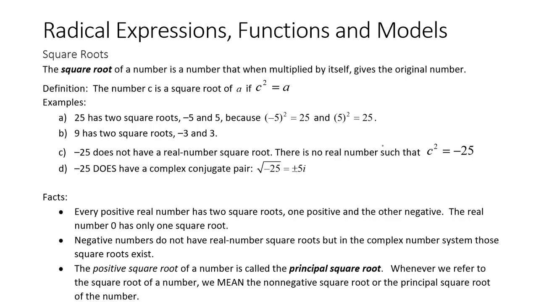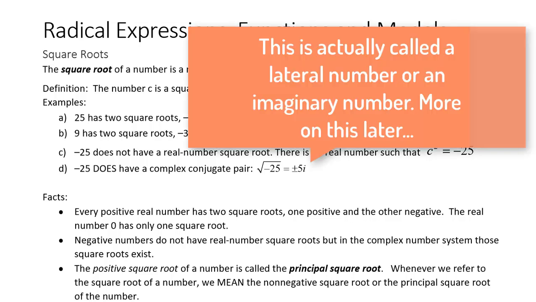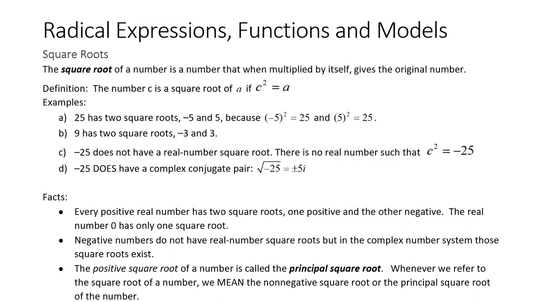There's no real number such that c squared equals -25. The square root of -25 would be plus or minus 5i, not on the Cartesian plane that we see on our calculator.